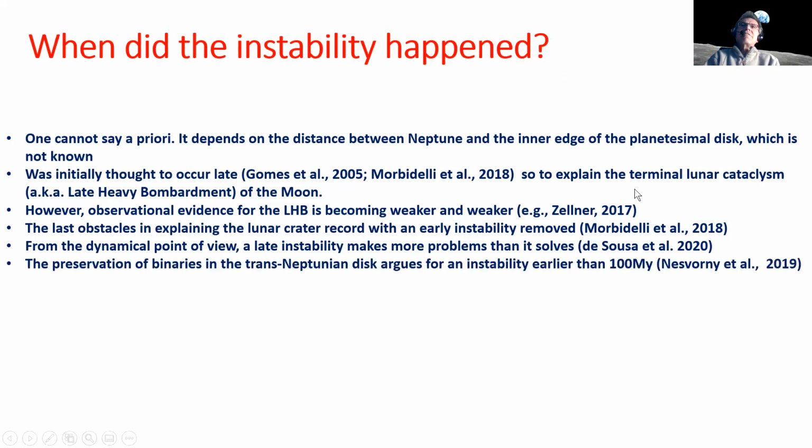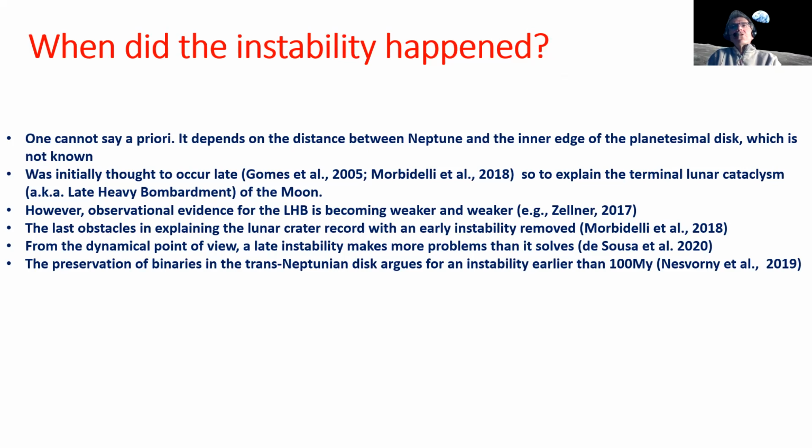And the final smoking gun came from Nesvorny et al., who studied the preservation of trans-Neptunian binaries in a trans-Neptunian disk. There are binaries that survive in the hot population. There are even binaries captured as Trojans of Jupiter, Patroclus and Menelaus, for instance. So that means that by the time the instability happened, the trans-Neptunian disk still had a lot of binaries.